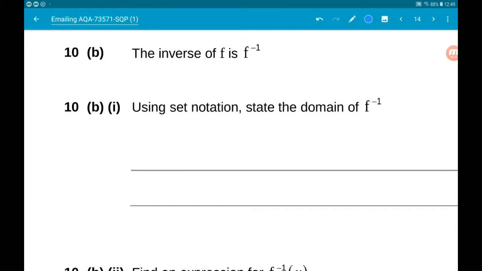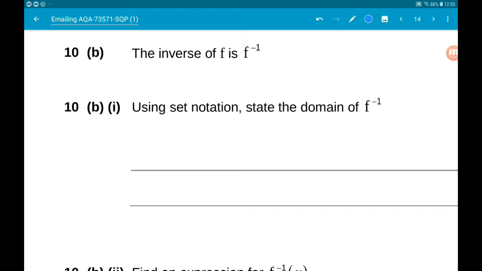Okay, then for 10 part B, we're told the inverse of f is f minus 1. And using set notation, we want to state the domain of f minus 1. The domain of a function is the values that x is allowed to take, the values of x that we are allowed to put into the function.